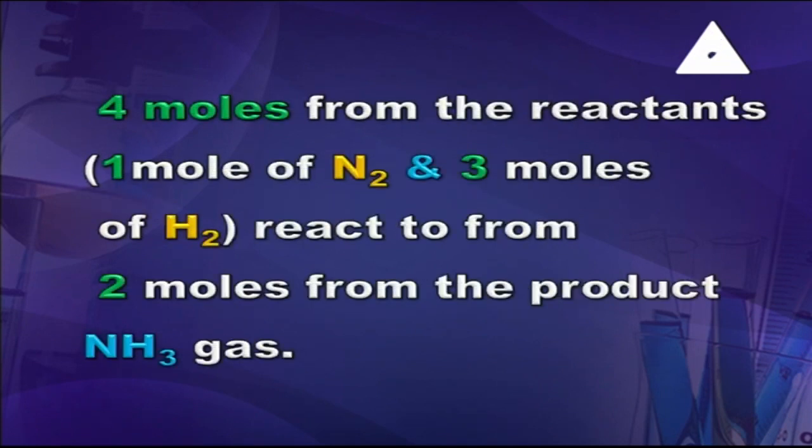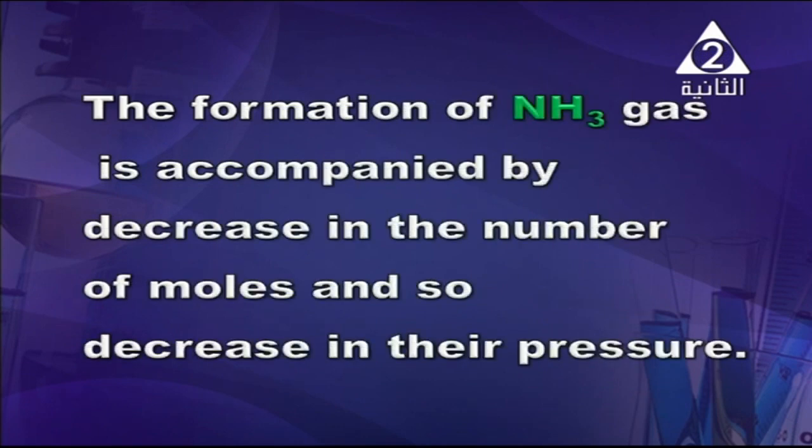Here, my dear students, 4 moles of reactants, 1 mole of nitrogen and 3 moles of hydrogen, react to form 2 moles of the product ammonia gas. The formation of ammonia gas is accompanied by a decrease in the number of moles and so a decrease in pressure.